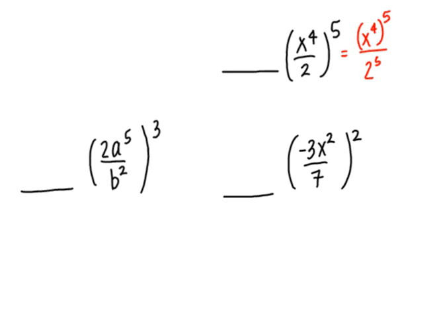Your rule for exponents here is your power rule that says if you raise a power to a power, you multiply. So this would give you x to the 20. On the bottom, you have 2 to the fifth, which is 2 one time, 2 times, 3 times, 4 times, 5 times. And 2 to the fifth would be 32.